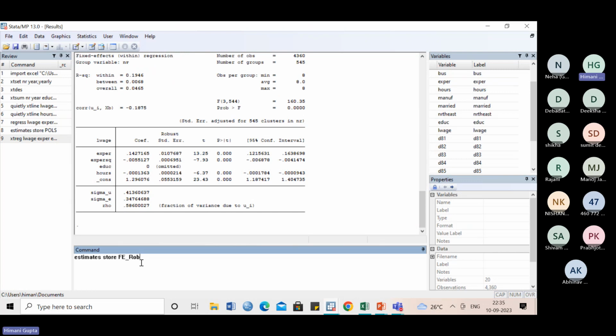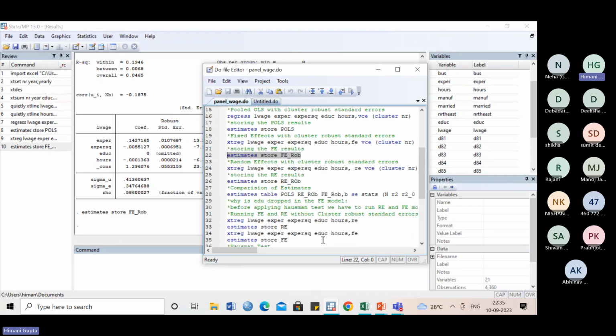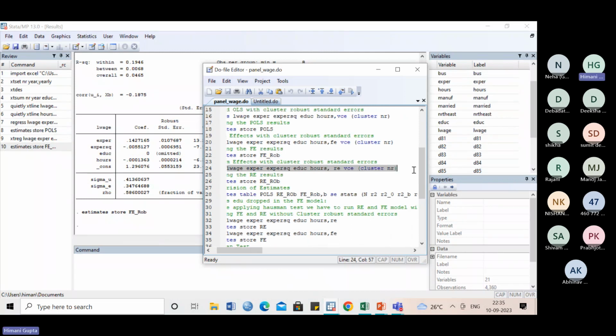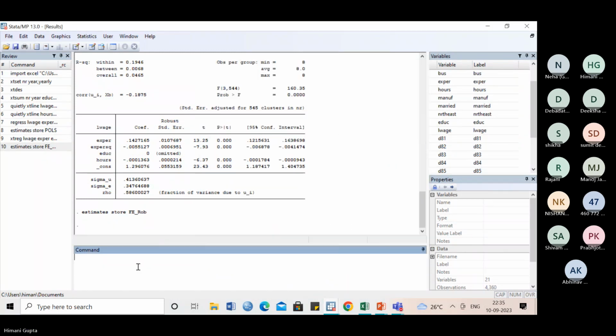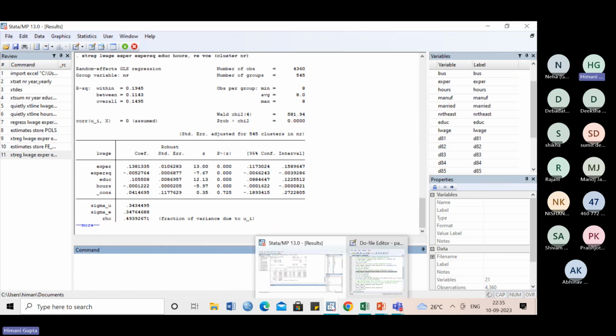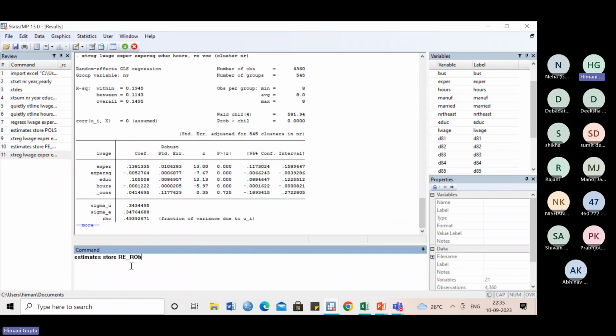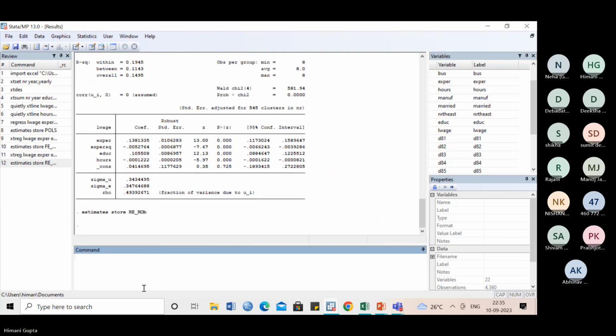So the command for this is also stored, and now let me make it for random effect. Let us store this command somewhere as well. Whenever you are storing, we have to use the word estimates over here. Now it is stored.